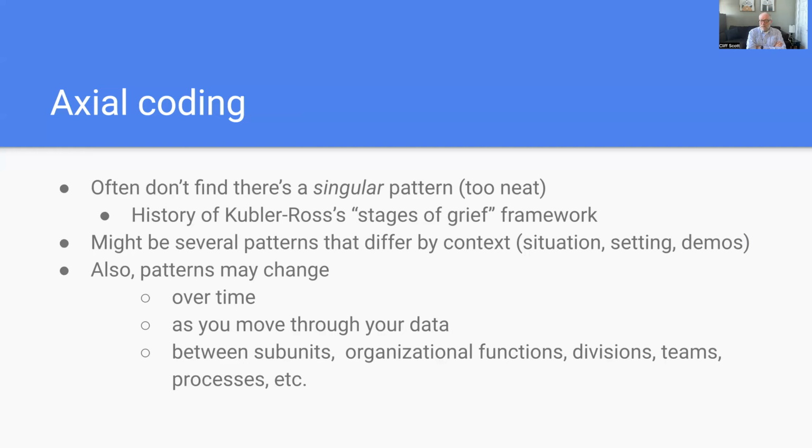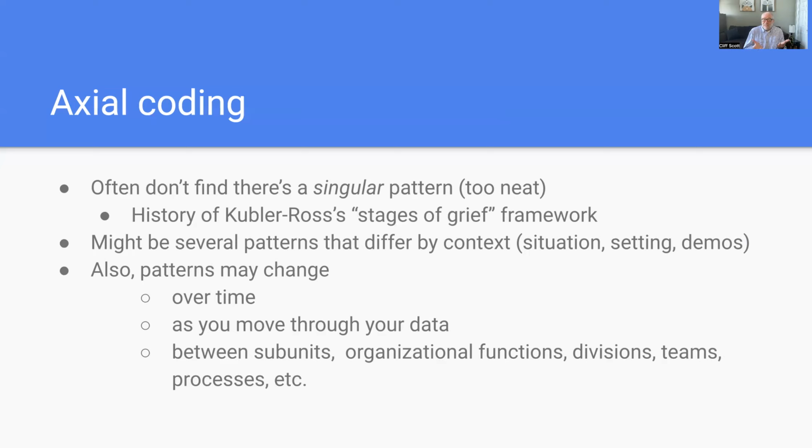a better way to deal with that may be trying to understand, are there certain types of situations in which a particular linear pattern is more possible, or maybe you just conclude that these are just different stages and people roll through them in different ways. Either way, the point is that you don't want to necessarily try to force a really singular, simple pattern if that's not well represented by your data.